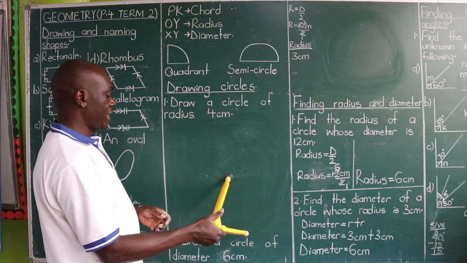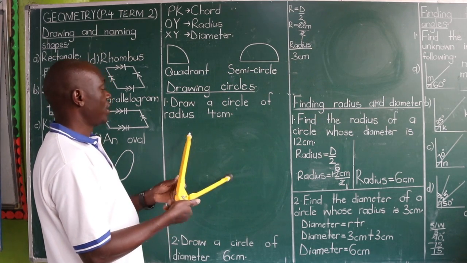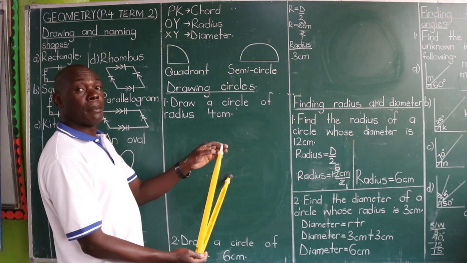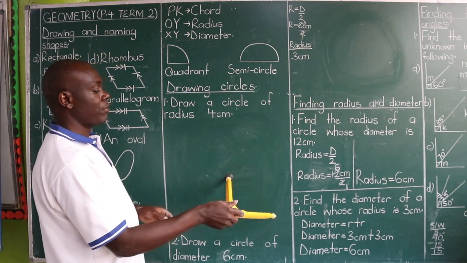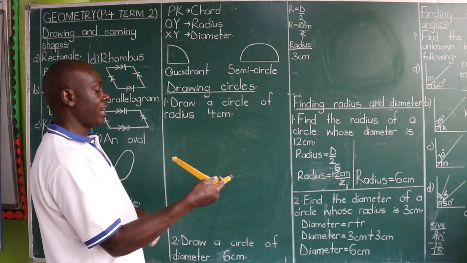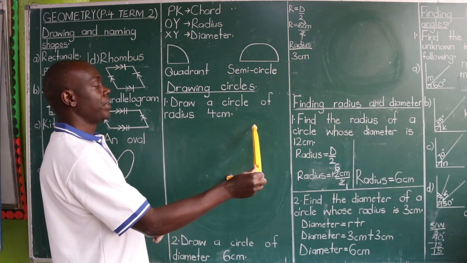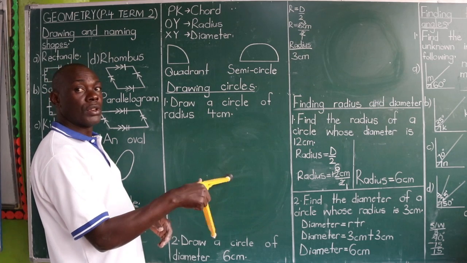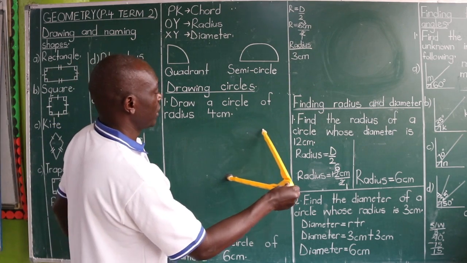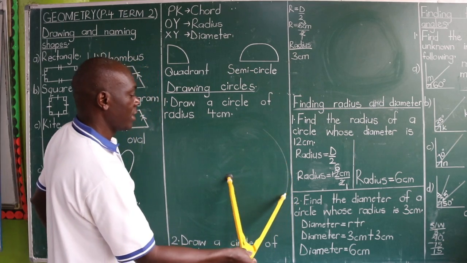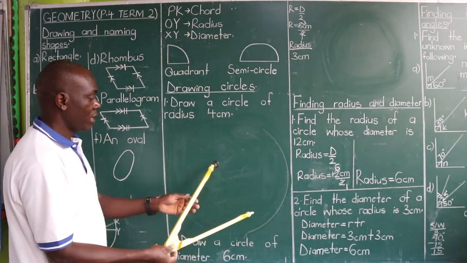Ensure your pencil is sharp, very sharp. You hold that pair of compasses to the top as you draw the circle. Now I'm going to draw the required circle.